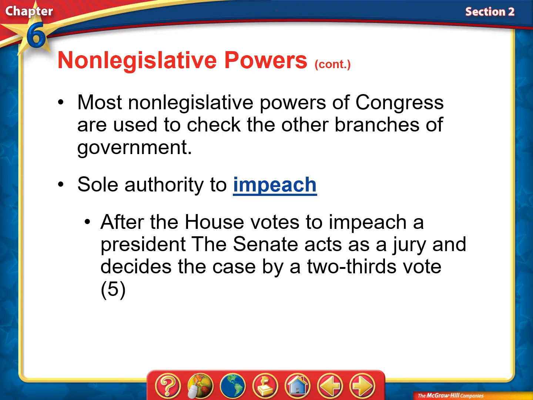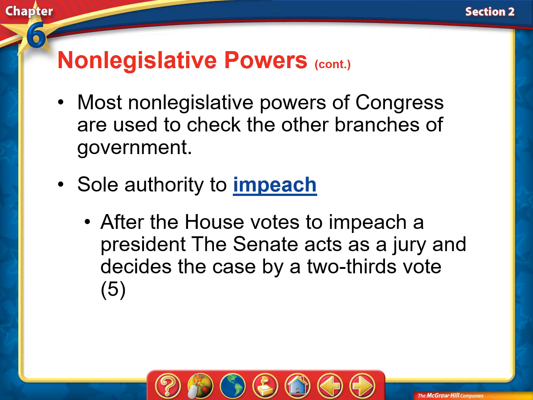Impeach means to formally accuse a government official of misconduct in office. It's been done twice in our history, and it can only be done by Congress. For example, Robert Mueller's investigation has shed a lot of light on a number of issues, but currently the case is still underway.